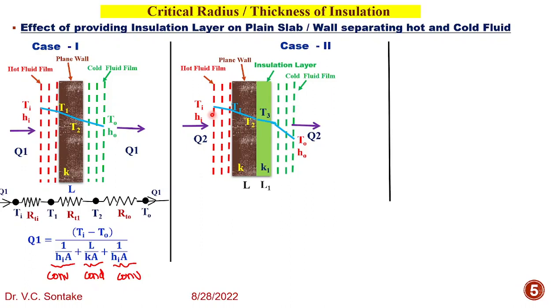Once again, by virtue of the temperature difference, heat transfer will take place, let's say at the rate Q2, from the hot fluid film to the plain wall to the insulation layer and to the cold fluid film at the last.